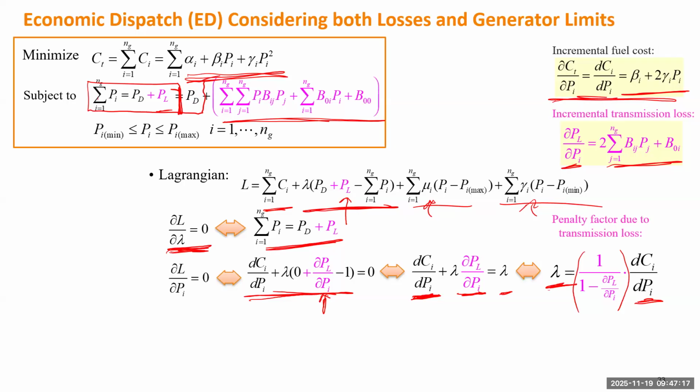So lambda right now is not exactly the incremental fuel cost for each unit. We need to consider the factor due to the transmission loss when this generator is sending power to the load, because different generators have different distances to deliver energy. So that makes the transmission loss different. We can treat this entire thing as the incremental cost seen by this unit at this position.